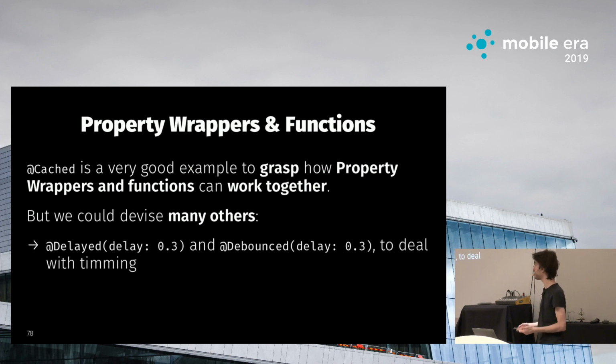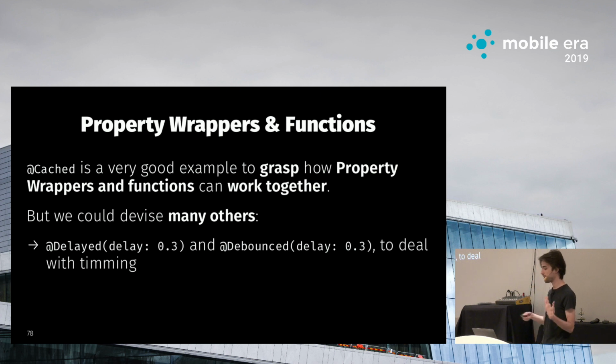For instance, we could implement property wrappers like delayed or debounced in order to deal with timing. We would give these wrappers a block of code, so a function from void to void, just a function that performs a side effect. And we say, okay, I want this to be called, but with a delay of 3 milliseconds. Or I want it to be debounced, with a delay of 3 milliseconds.